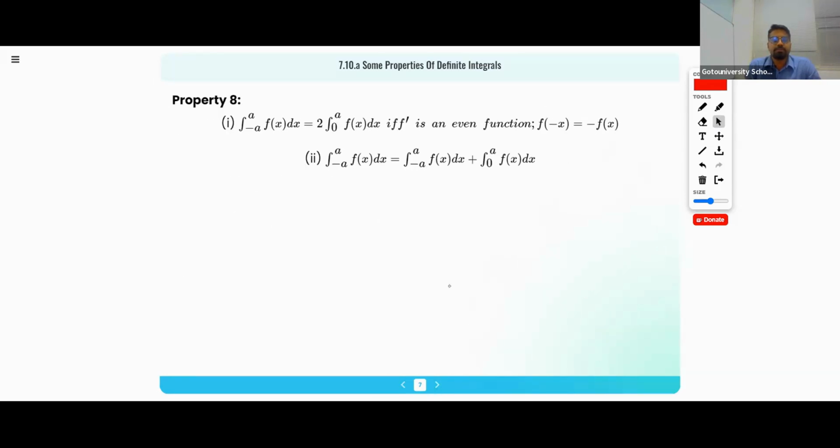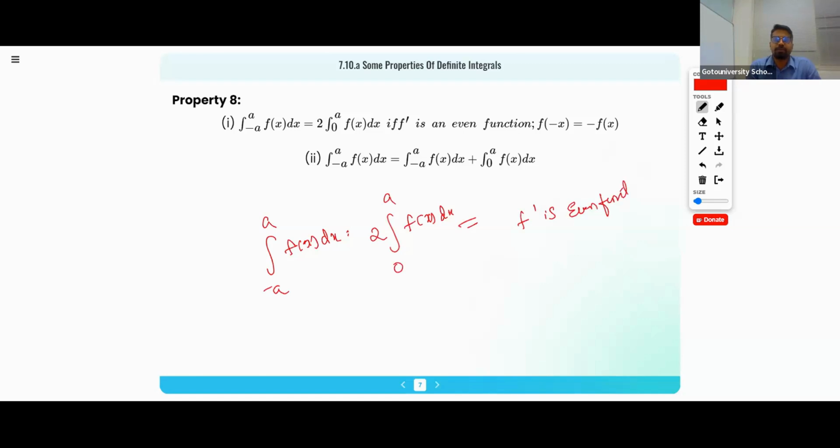Now, if there is a limit with negative and positive numbers as the lower and upper limit, the integral from minus a to a of f of x dx can become 2 times the integral from 0 to a of f of x dx if f of x is what? An even function.